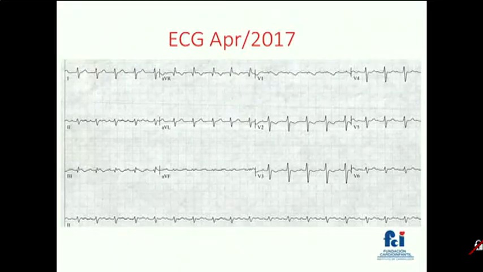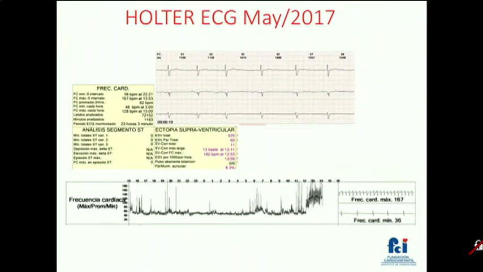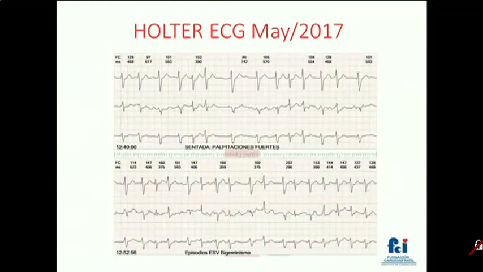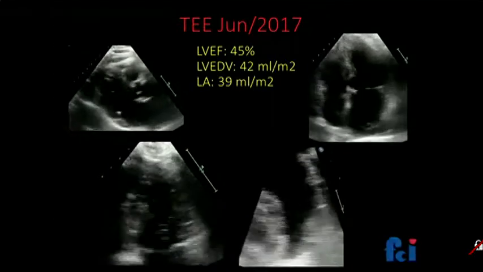In April of this year, she had an organized tachycardia, and we suspect a flutter. This Holter is also recent, and we can see evidence of alternation between a symptomatic bradyarrhythmia and tachyarrhythmia, mainly AFib and atrial flutter.